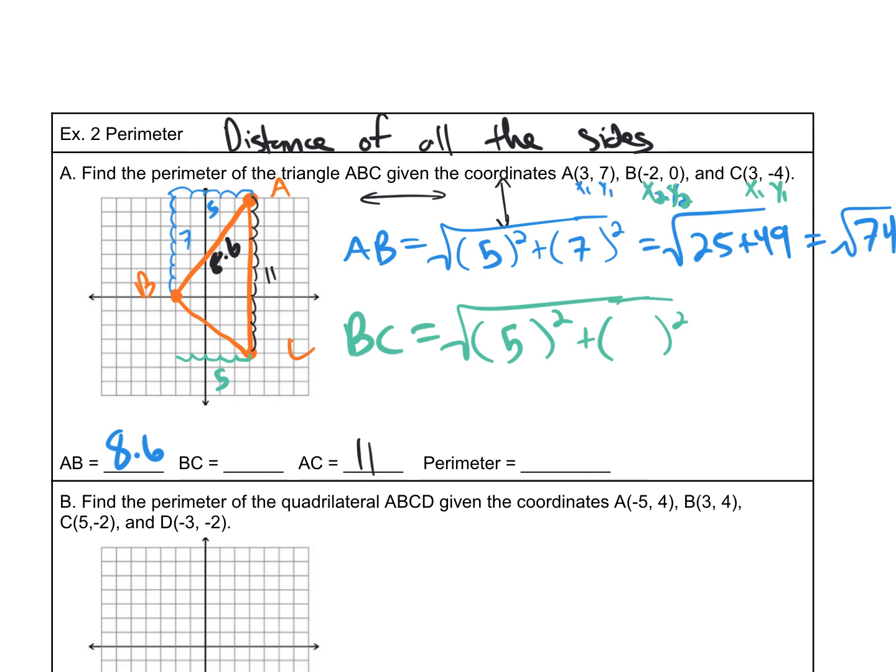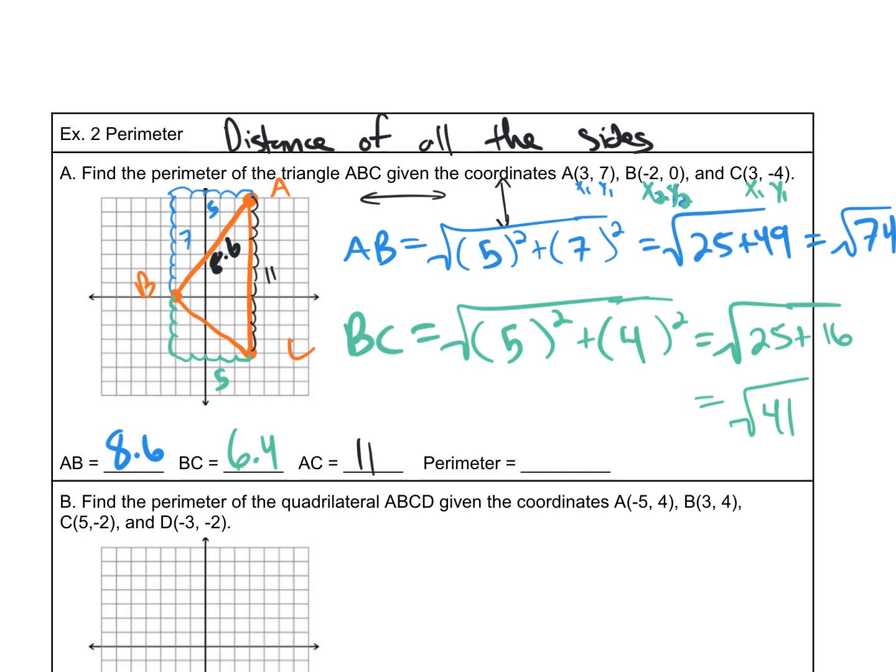So now looking at the y values, the change in the y values would be 1, 2, 3, 4. So 4 squared there, which is the difference there between 0 and -4. So as we square those, 5 times 5 is 25 again, 4 times 4 is 16 again. So 25 and 16 add up to make 41. So then you're just taking the square root of 41, which ends up giving you a 6.4.